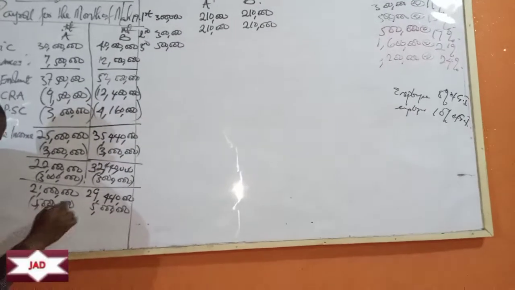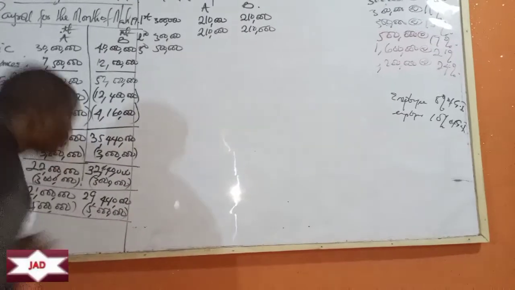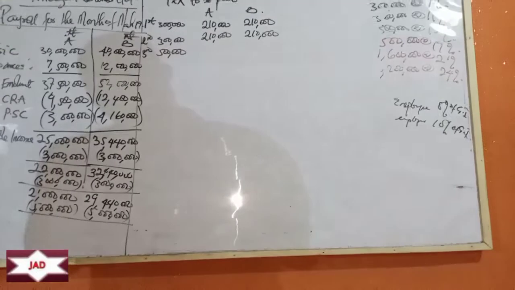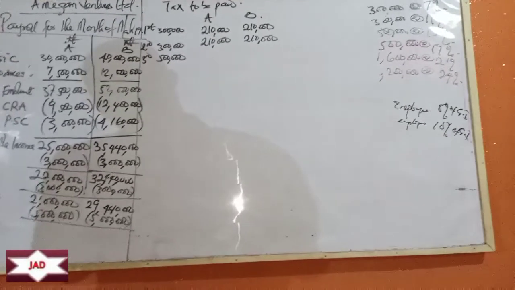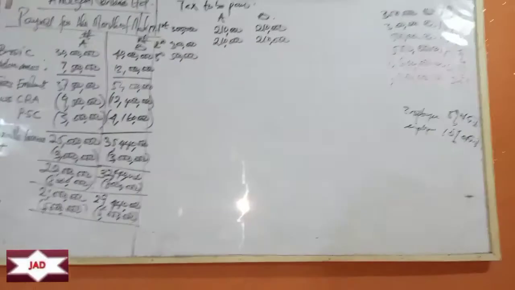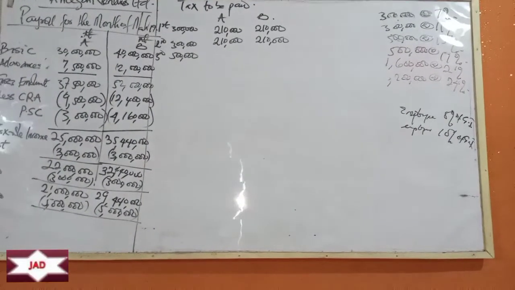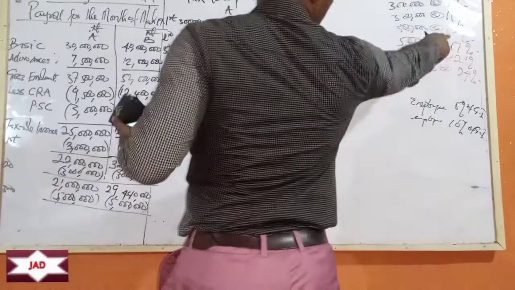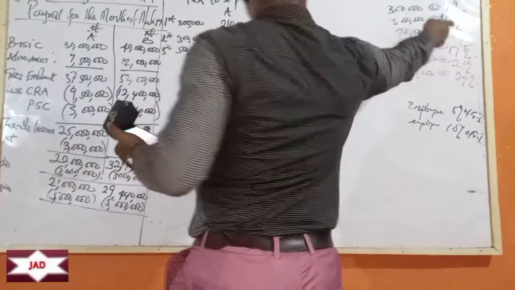Right? So for the third, what do you have? 0.15. Right? So what do you have now? No, the second 300,000 now is 11%.